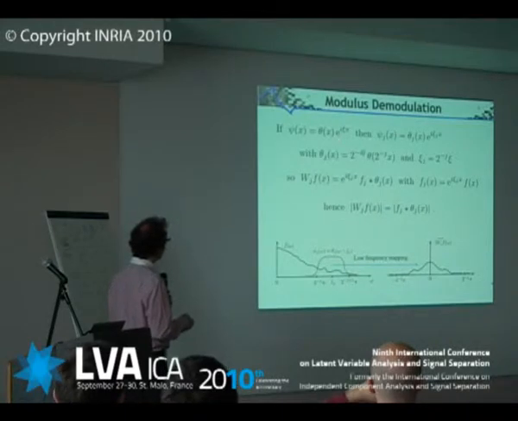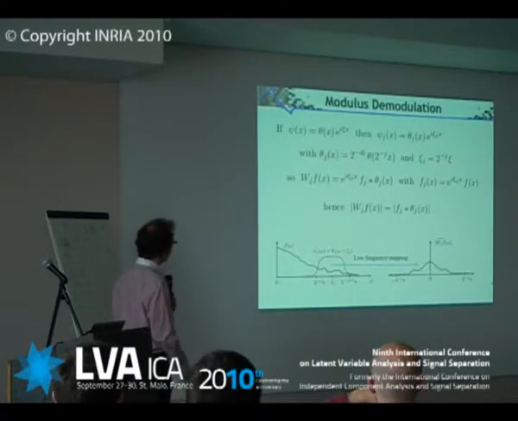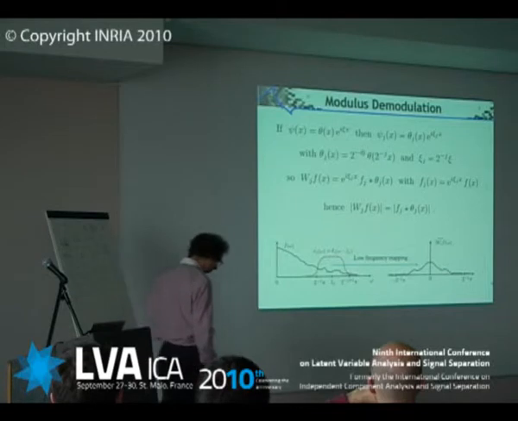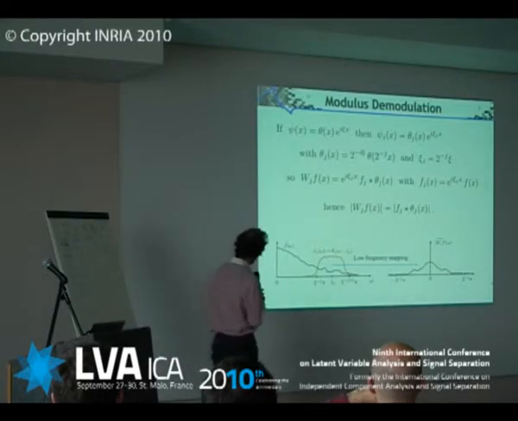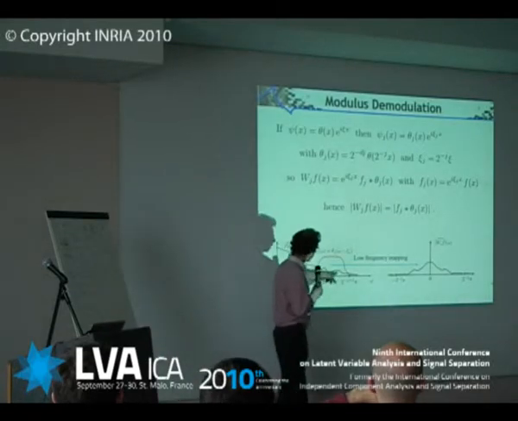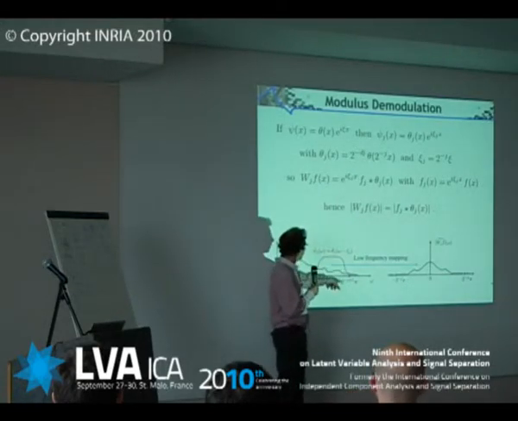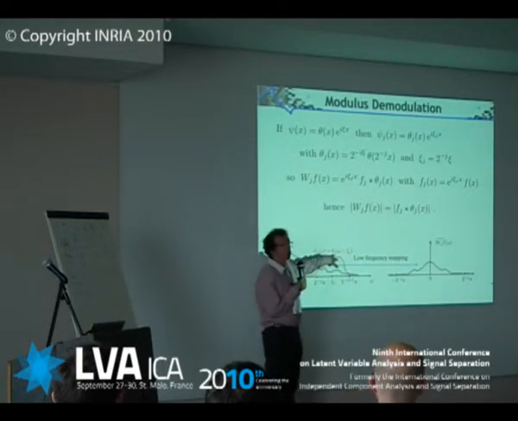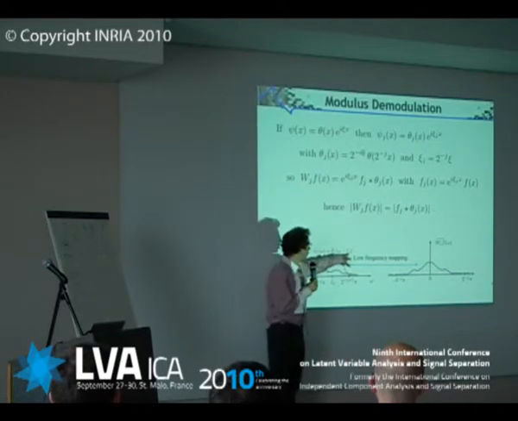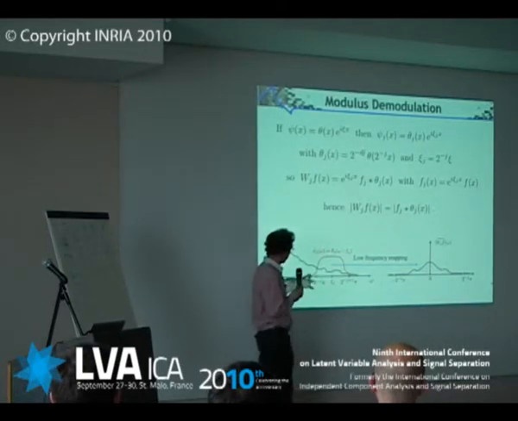So my dilated wavelet is my dilated Gaussian modulated by a sine wave whose frequency has been multiplied by 2 to the minus j. If you look at what's happening in the Fourier domain, you multiply the Fourier transform of your function with the Fourier transform of the wavelet, which corresponds to the Fourier transform, let's say, of the Gaussian translated by the modulation frequencies. That's what you get.